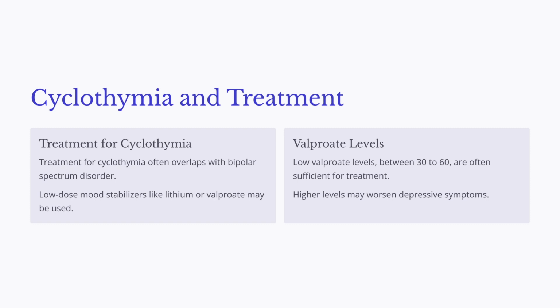So in patients with bipolar 2 or cyclothymia, there's evidence that low valproate levels are sufficient for treatment, so like 30 to 60. And it's even possible that higher doses of valproate can worsen depressive symptoms. So the gist here is that you're really using lower doses.